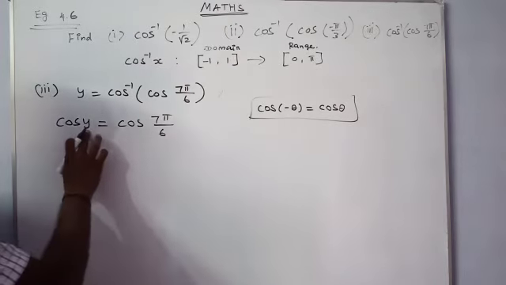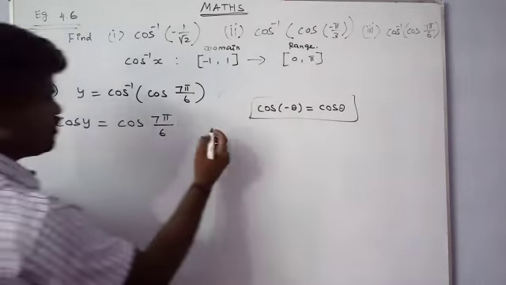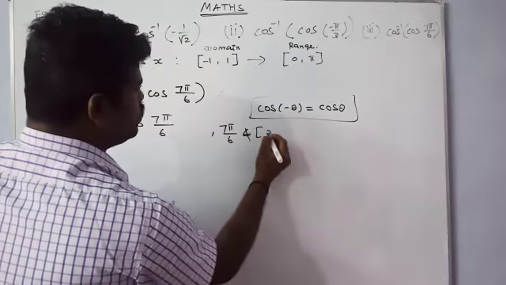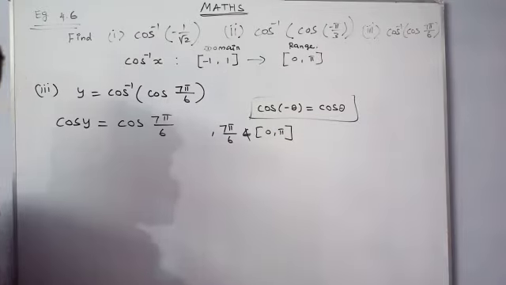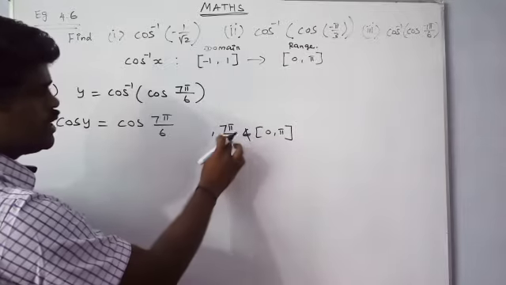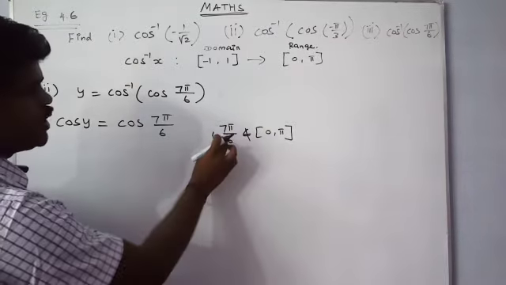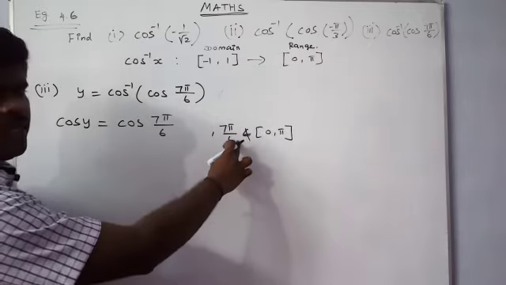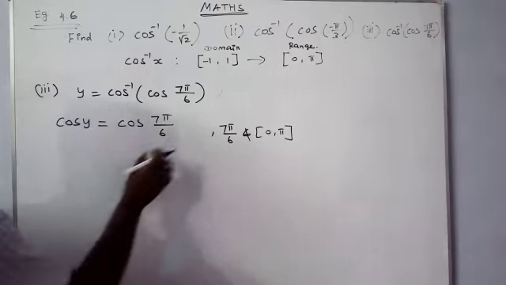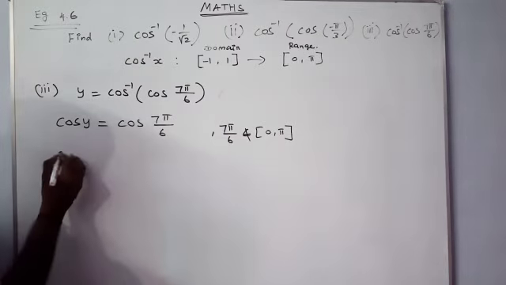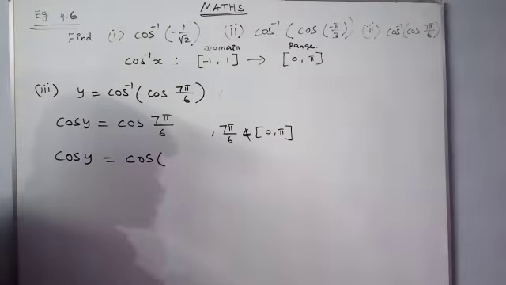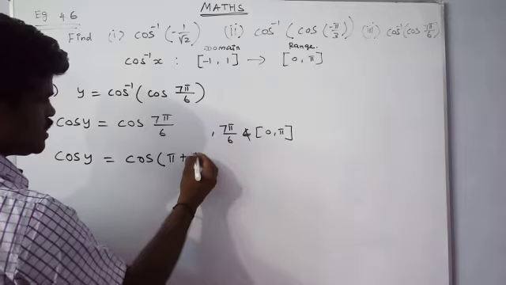If we equate directly, y equal to 7 pi by 6, but 7 pi by 6 does not belong to 0 to pi, because this is 0 to 180 degrees and this is 210 degrees, since pi by 6 is 30 degrees, 7 into 30 is 210 degrees. So we want to simplify this one. Cos y is equal to cos of, we want to separate this. How to separate it? Pi plus pi by 6.